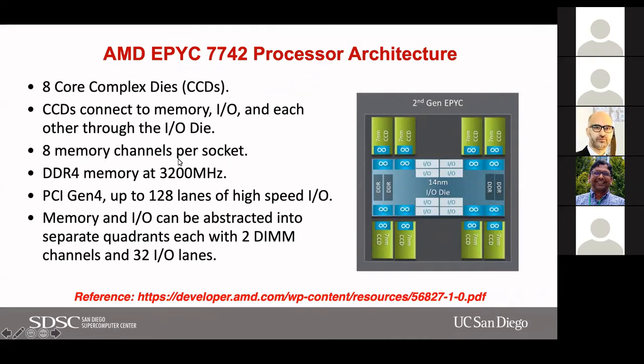So you have 8 memory channels per socket. And there are different ways you can segment them into NUMA domains, and that's another thing I'll go into. The DDR memory is at 3.2 gigahertz. And these memory and I/O can be abstracted into quadrants with 2 DIMM channels and 32 I/O lanes.